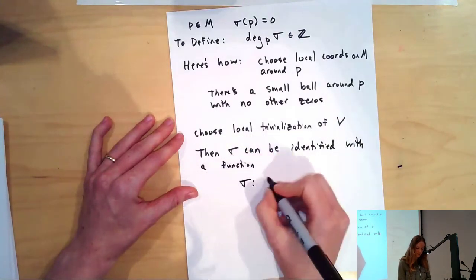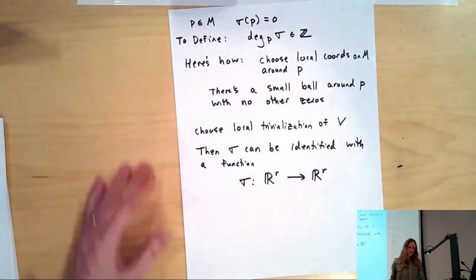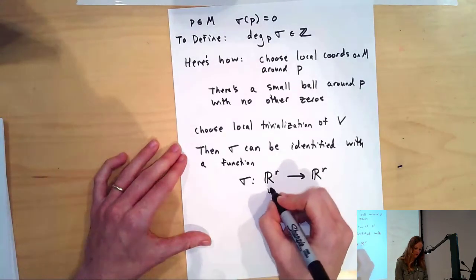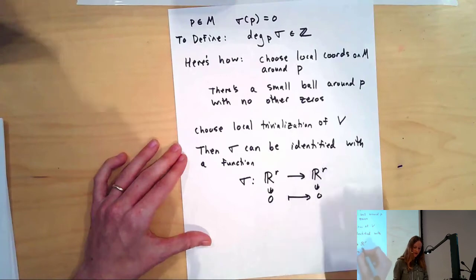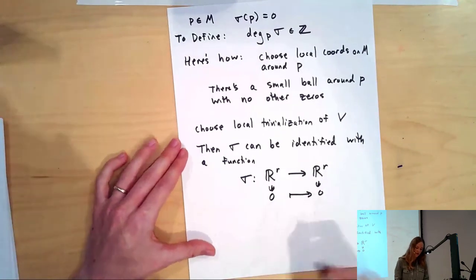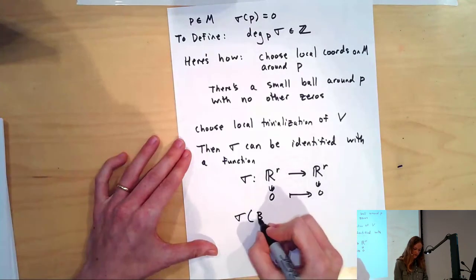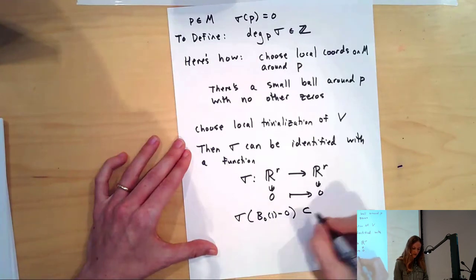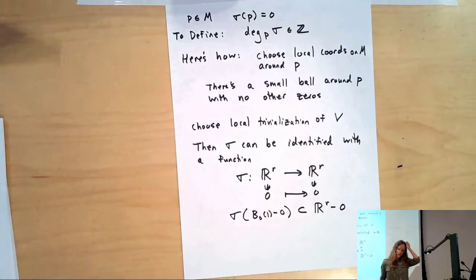We'll call it sigma. And we can assume that we sent P equal to 0. So 0 will correspond to P, and it's going to 0. And sigma on some small ball, the ball around 0 of radius 1, has no other zeros in it.